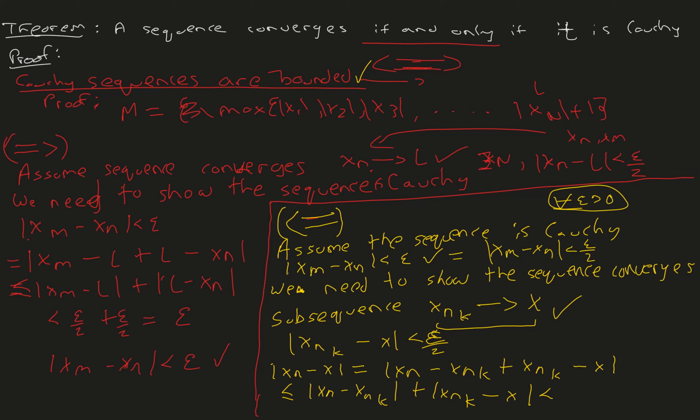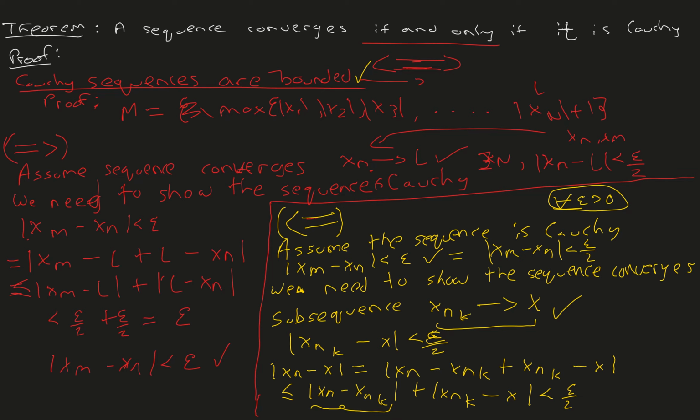Now if you see this, xn minus xnk is less than epsilon over 2. Why is this? This is because we assume the sequence is Cauchy, and since the sequence is Cauchy, any two terms xn and xnk are less than epsilon over 2 apart.